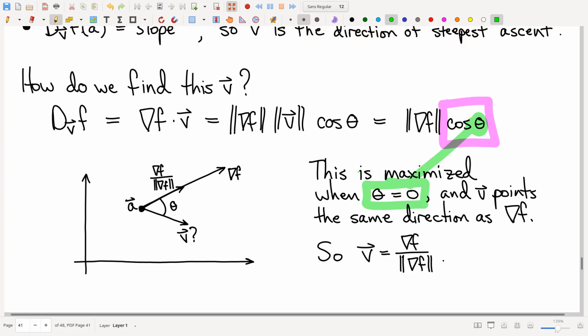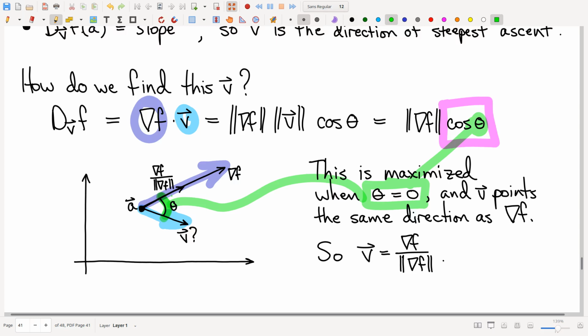Now let's look back at the picture. Keep in mind, we've got our gradient vector here. We've got our direction vector v, unit vector representing the direction we're going to go. And what is theta? Theta is the angle between those. Now, if I want this angle between these two vectors to be 0, okay, well, that just means that I need for my vector to be the one that actually points in the direction the gradient points.